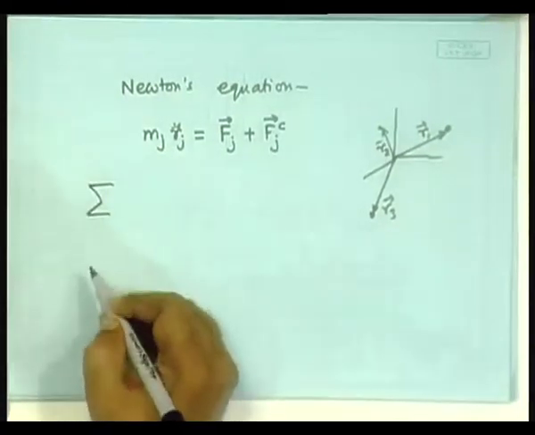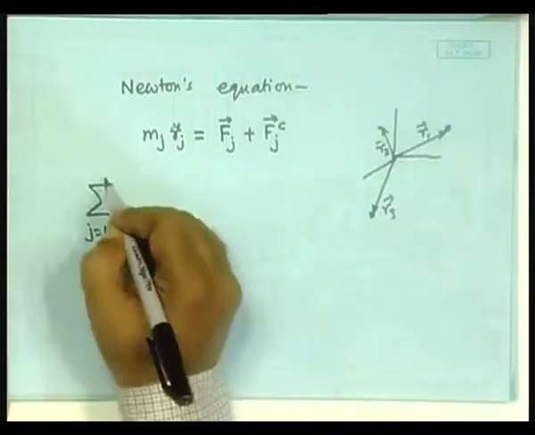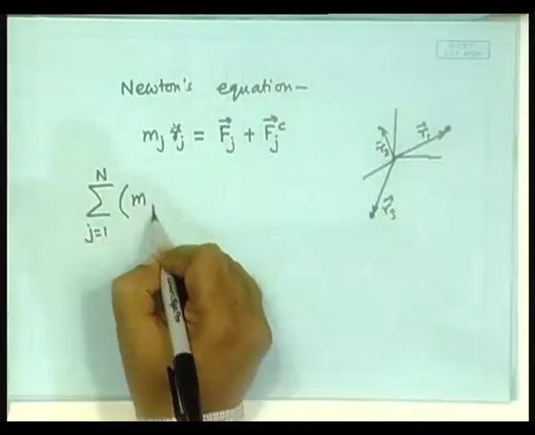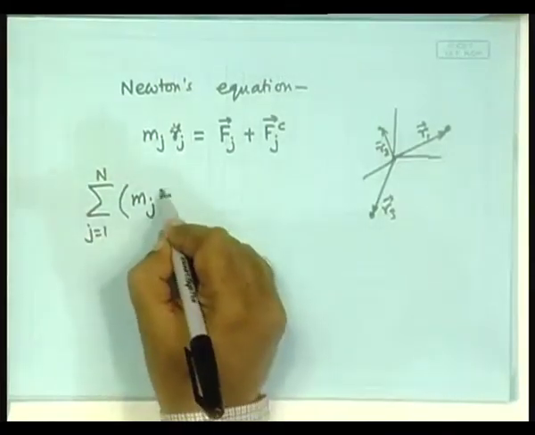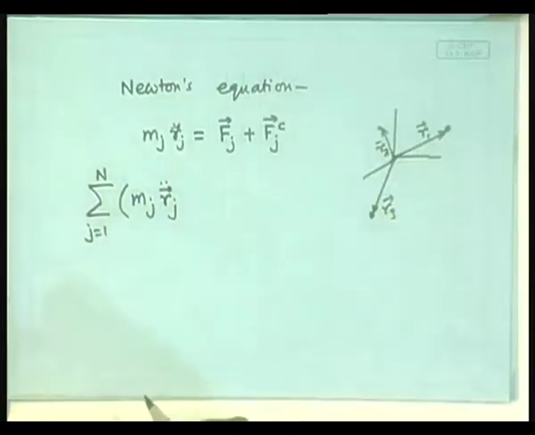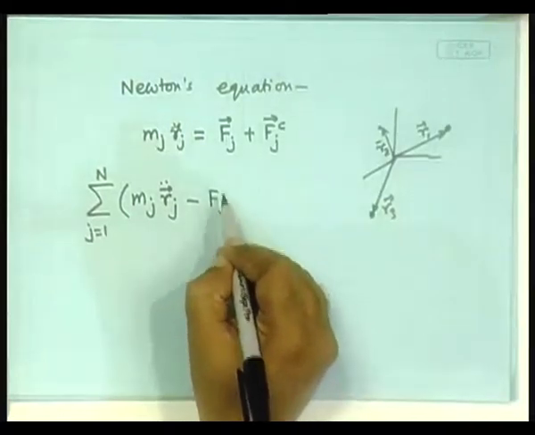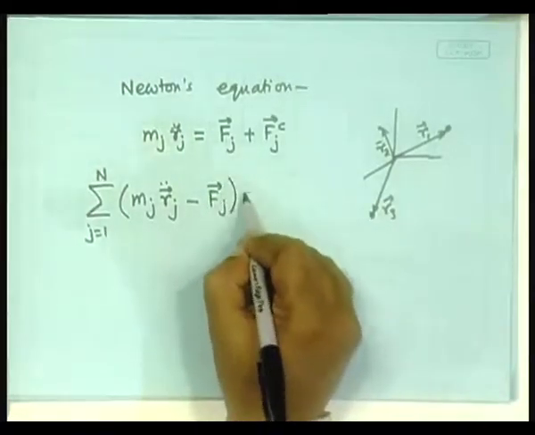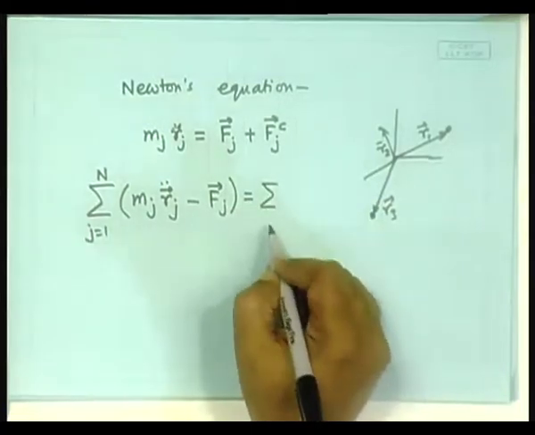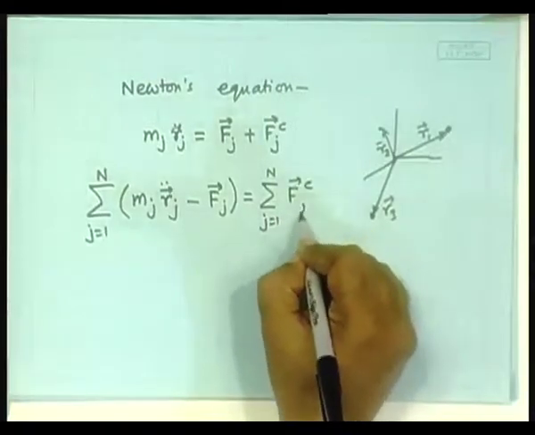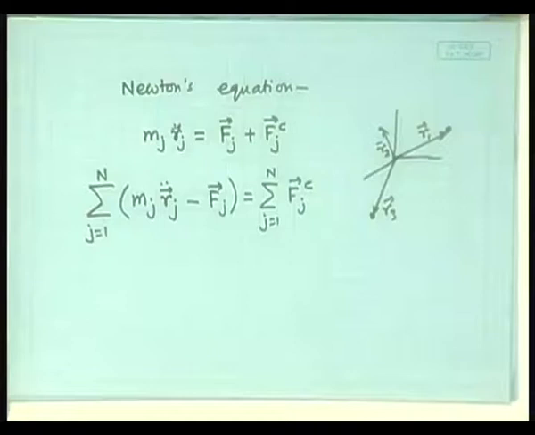So, sigma j equal to 1 to, say, n number of bodies, m_j r_j double dot, this term minus f_j, is equal to the total of constant forces added together. So, that is Newton's law, and we are now trying to get rid of this guy.